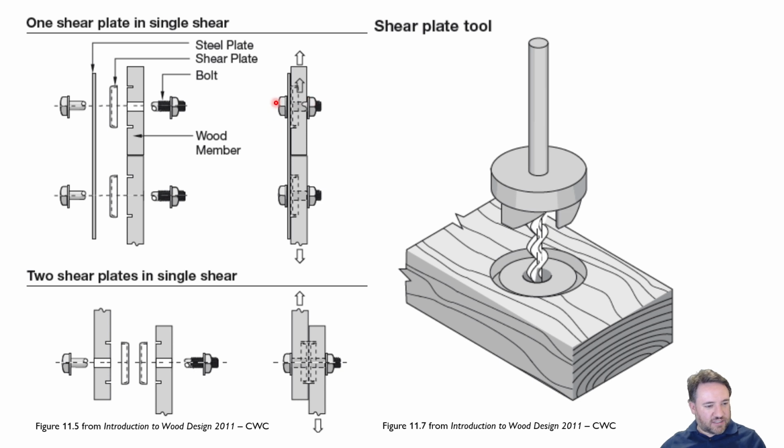So it's increasing the strength that can be used with one bolt in a connection, because we're preventing that bolt from causing splitting and bearing failures in the wood. So we're more efficiently engaging the strength of that bolt when we use a shear plate.